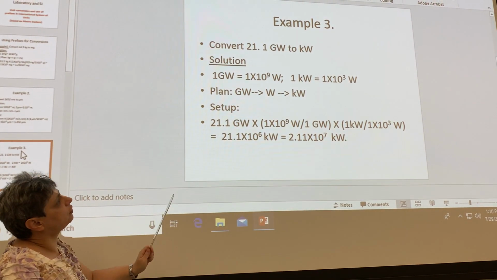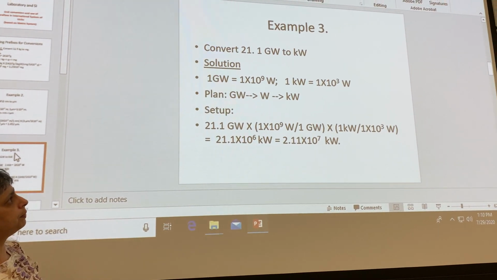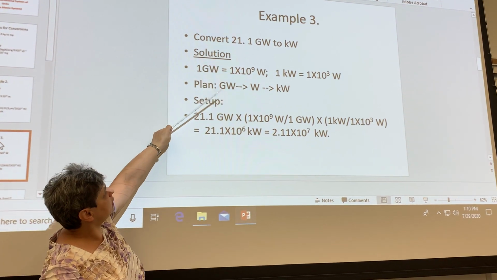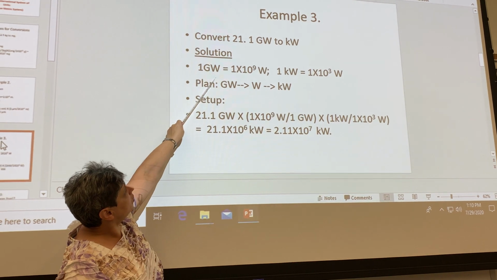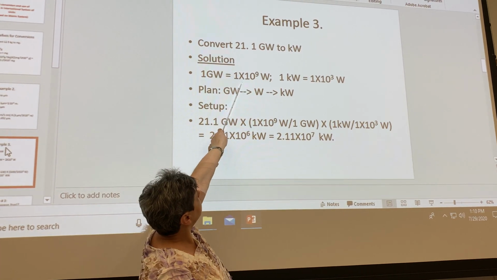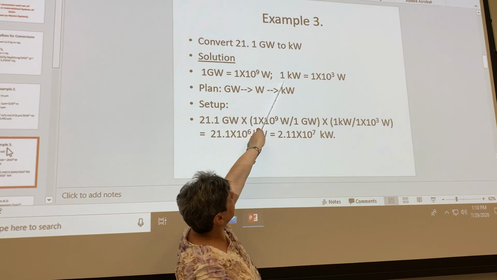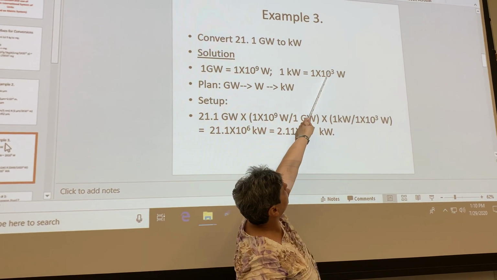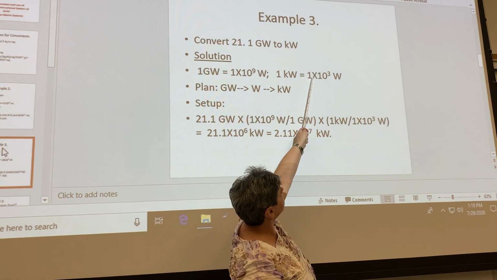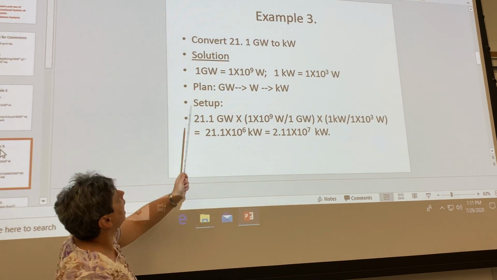So here again, first we look up the relevant prefixes using table D11. 1 gigawatt of power would be 1 times 10 to the 9th watt, and 1 kilowatt would be 1 times 10 to the third watt. So basically 1 kilowatt is 1,000 watts.